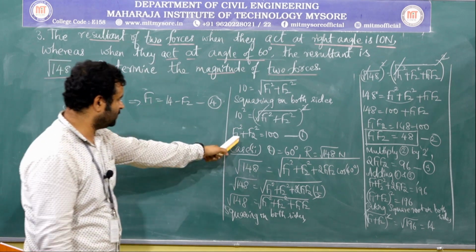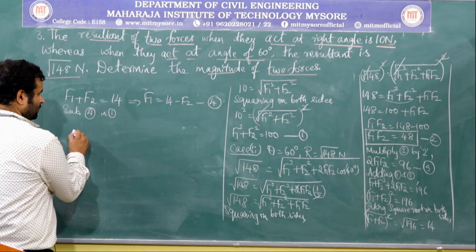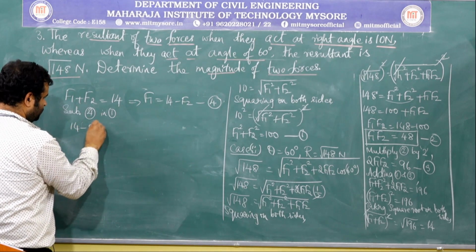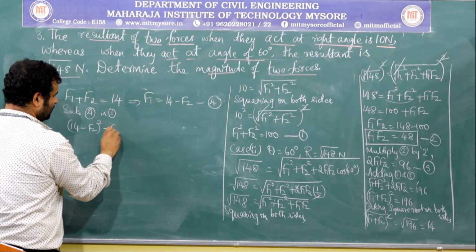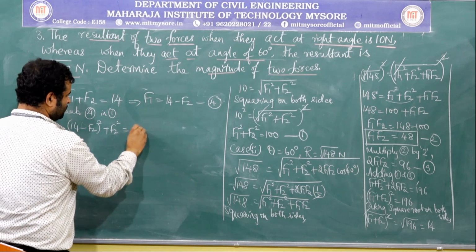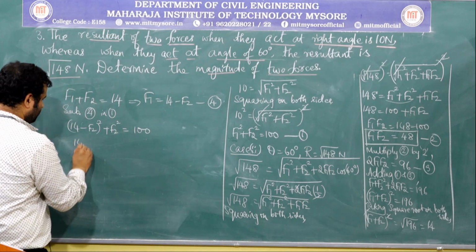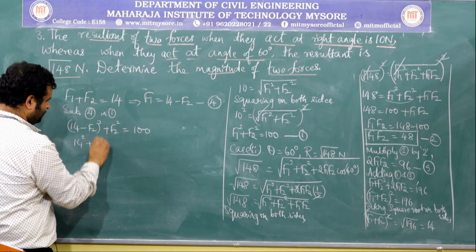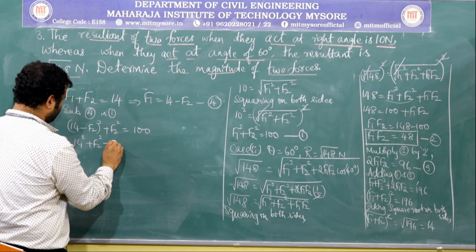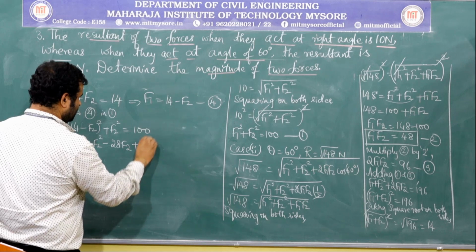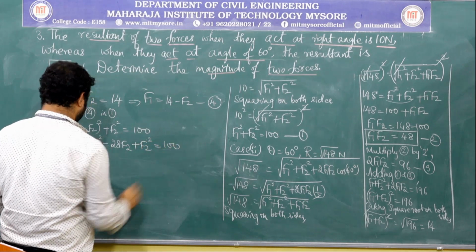Substitute this in equation number 1, we get, instead of F1, 14 minus F2 whole square plus F2 square equals 100, and on simplification, that is 14 square plus F2 square minus 2 into 14, which is 28 F2, plus F2 square is equal to 100.